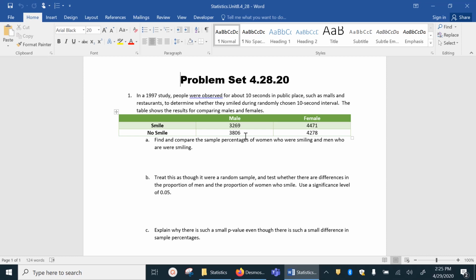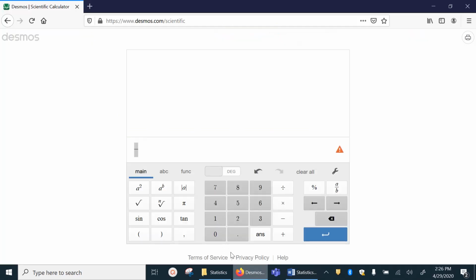And for the females, 4471 over 4471 plus 4278. Let's do the females first: 4471 plus 4278. So 51% of the females.